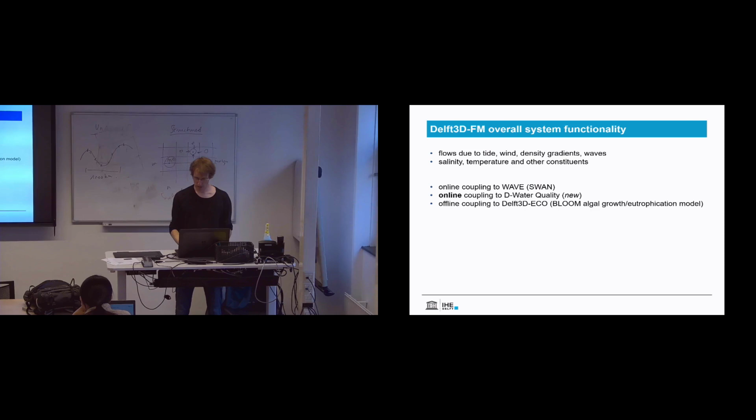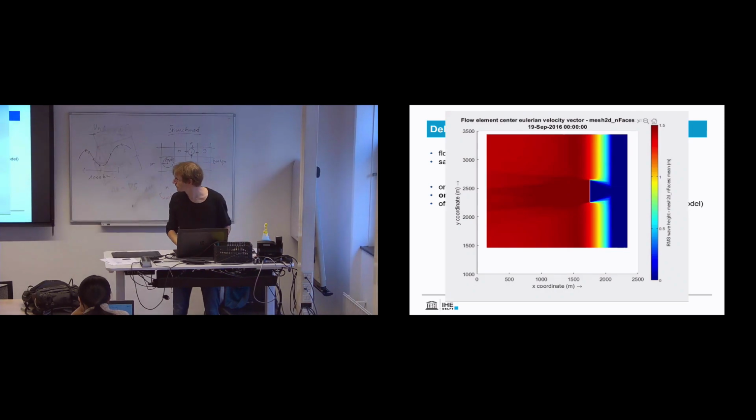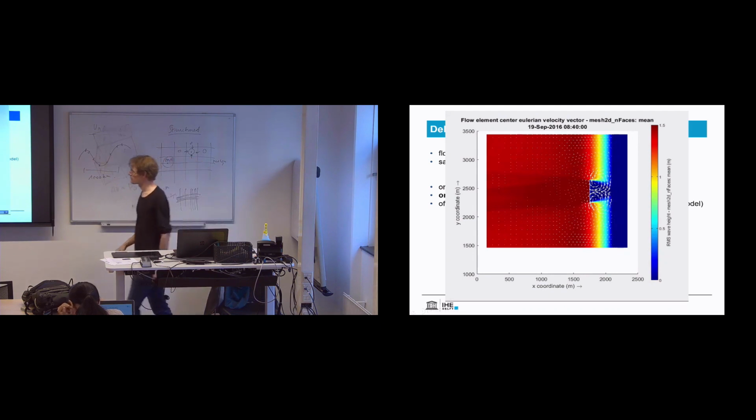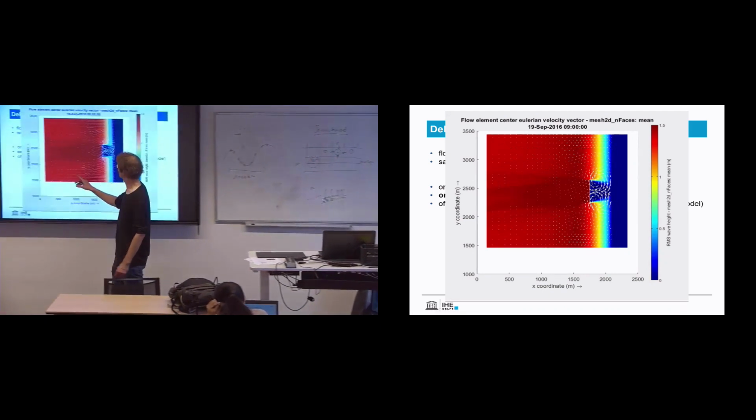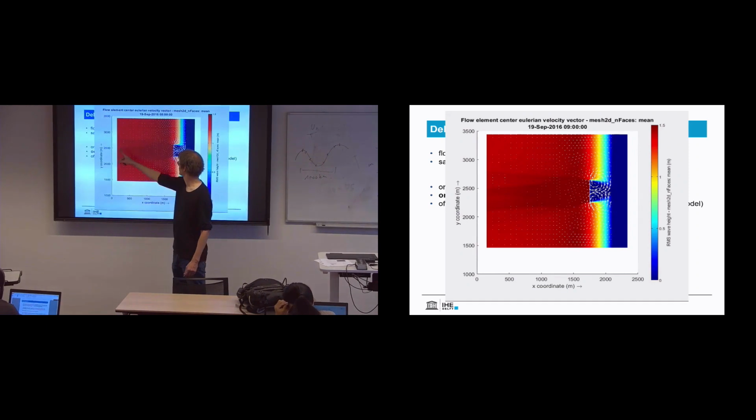And to show you that FM does as nice as Delft3D4, I have this nice breakwater case that you know by now, but in FM. So what we have is this 1.5 meter wave coming in from here, straight on the coast.